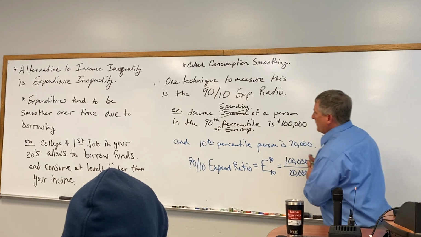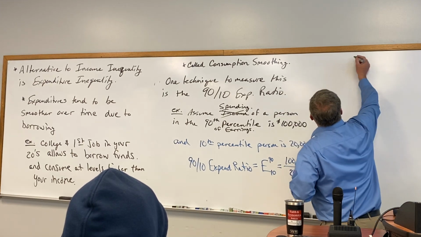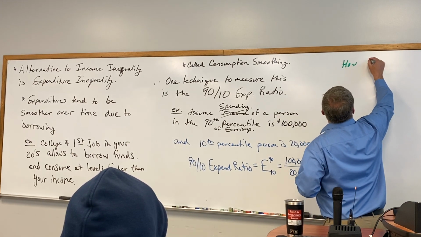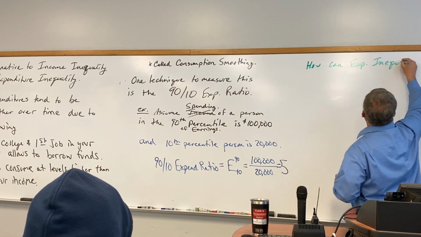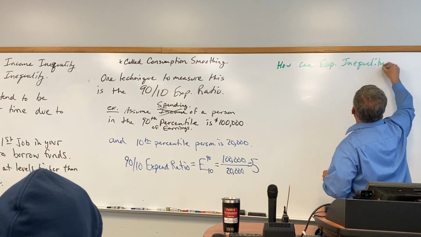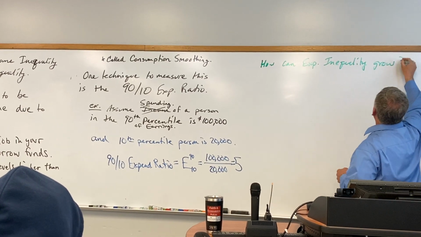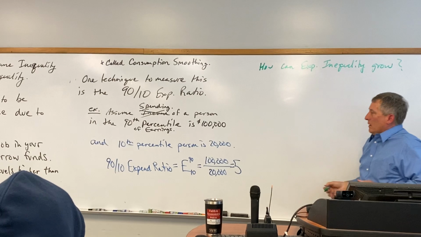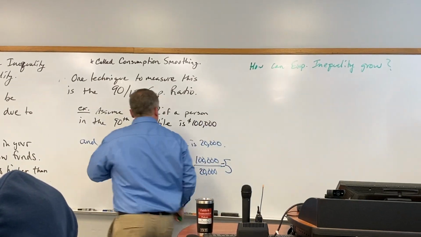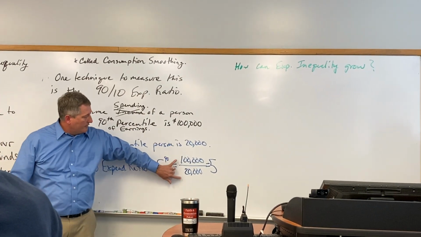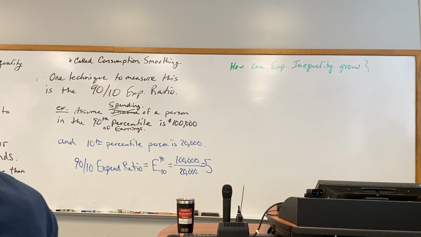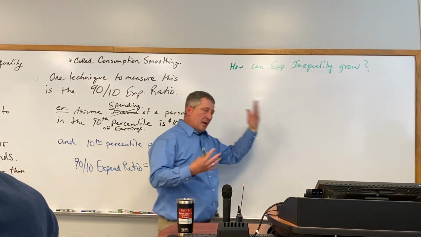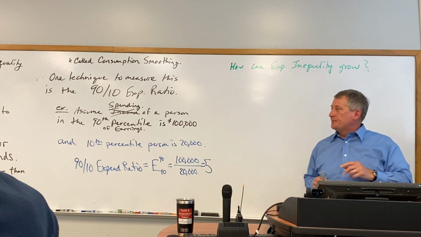All right, so now, how can expenditure inequality grow? So let's look at this ratio using my numbers. What would need to happen to the ratio to make inequality grow, that the rich are spending more than the poor?